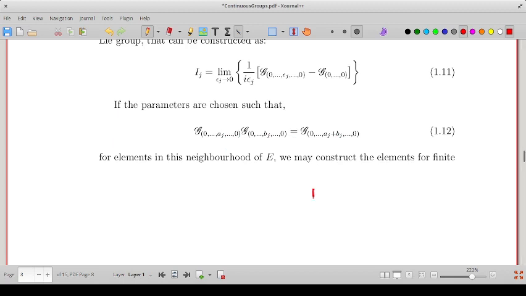Remember the very first example, R of phi 1, R of phi 2 was equal to R of phi 1 plus phi 2. So here, this satisfies exactly this condition. So it demonstrates that it may be possible in some cases that we can choose our parameter values to satisfy this condition.